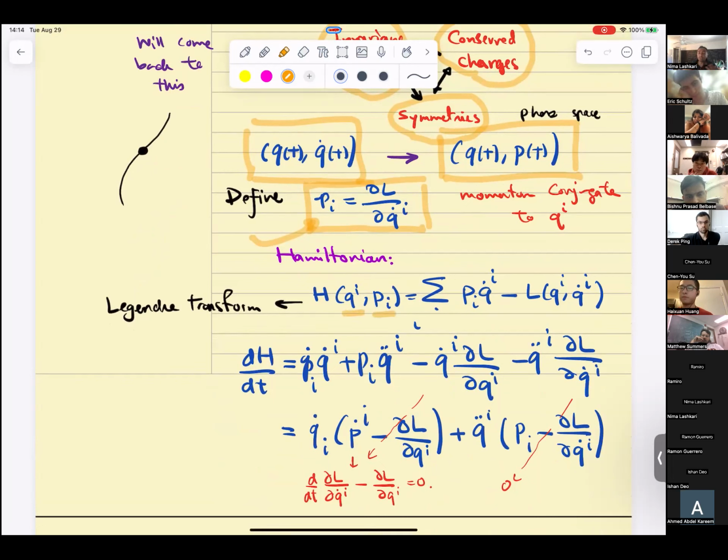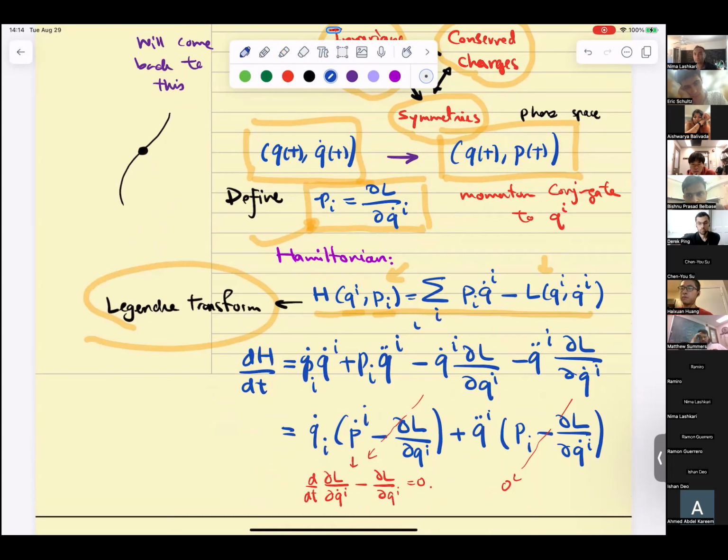So I just introduced a new variable P of I, and I'm going to do a Legendre transform of my Lagrangian. If this doesn't tell you much, it means that given a Lagrangian, you define a new function called the Hamiltonian, where you basically trade Q dot for P variables.